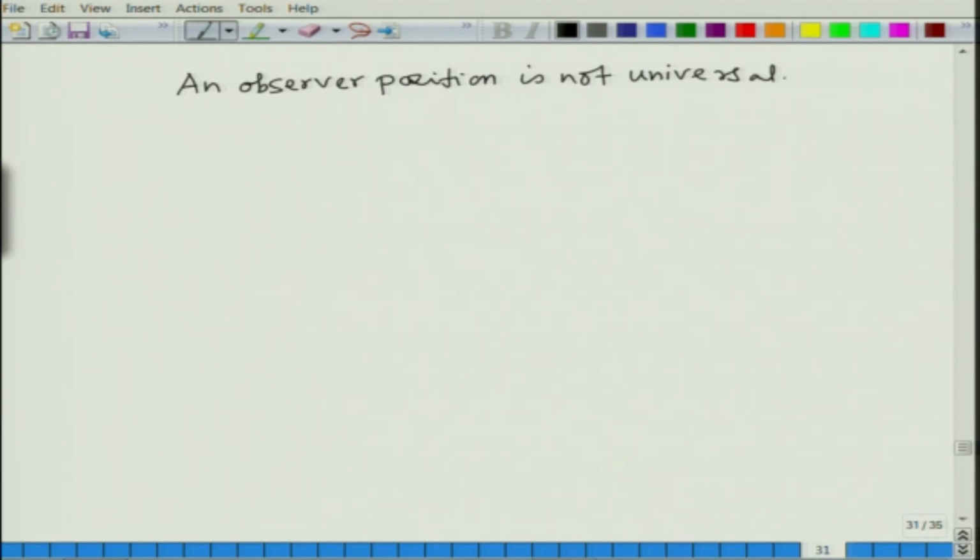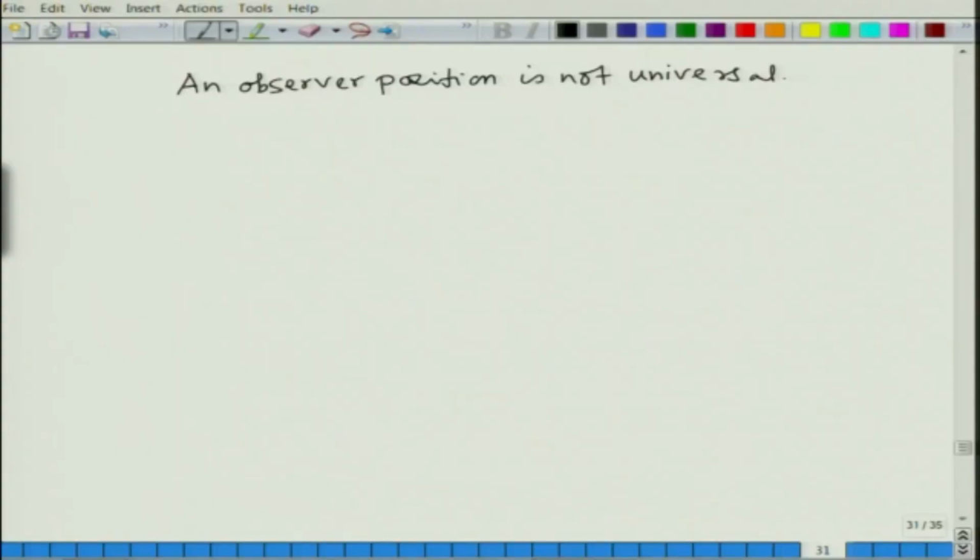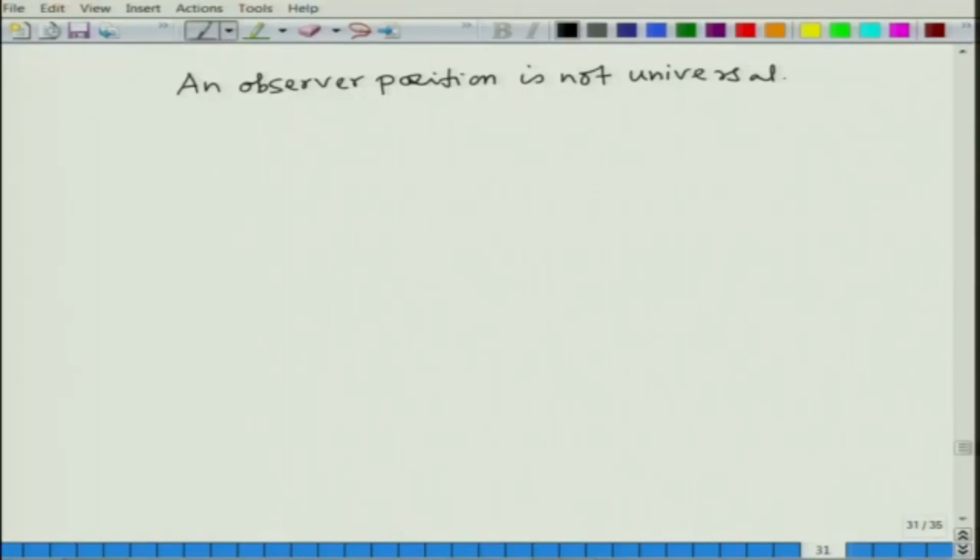We cannot just say that I am staying here at Kanpur and you are staying maybe at Chennai. So, we do not have the same sun position. So, I cannot simply define any angle which is fixed to me, the observer. So, we have to generalize it to any location. So, that is the point of what I mean by not universal.